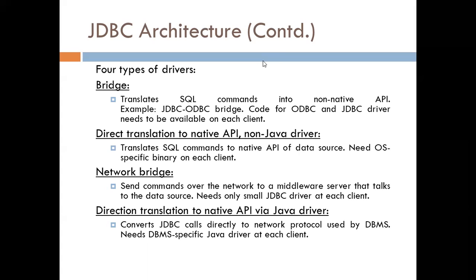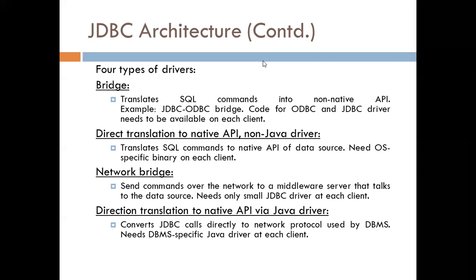The increased number of layers between the data source and the application affects performance. This is useful only when we want to write a program on one particular platform, but the support given by the database is on another platform. In order to bridge these two platforms, we require the help of a bridge driver. So that is type 1.